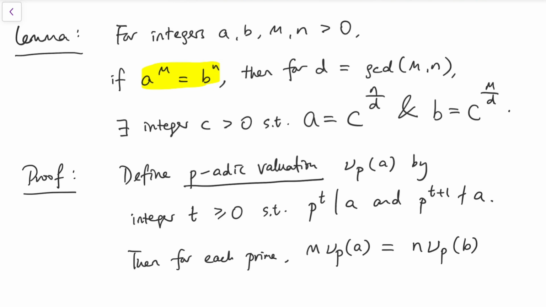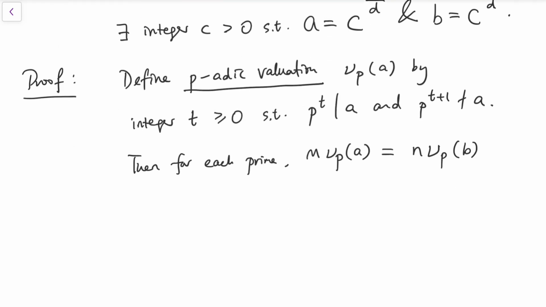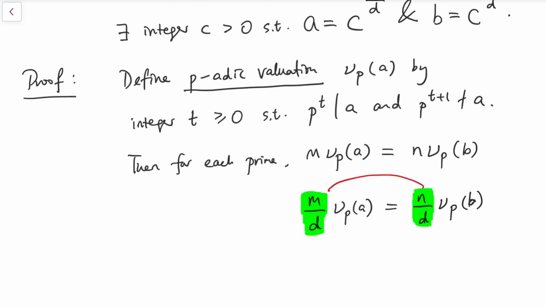And since we know that we have the greatest common divisor d, then we can divide both sides by d, and the quotients m over d and n over d are still positive integers. And then we keep the p-adic valuations. Now for these two terms, n over d and m over d, they are coprime.